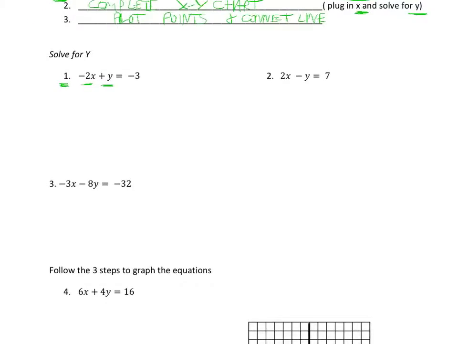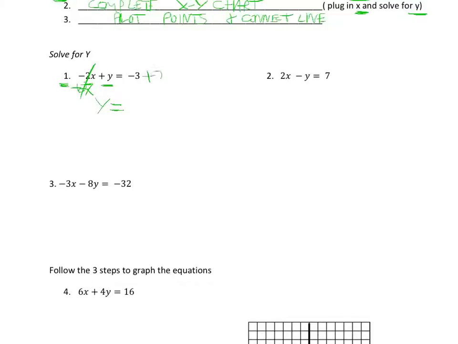Let's see here. Okay, let's do 1. Now, I look at where the y is. Here is the y. Now, what I want to do is I want to get rid of this negative 2x. I want to bring this over to this side. Now, whenever we bring the x over, we either add or subtract it. Since there's a negative right there, that means I have to add 2x. So I'm going to add 2x. This cancels. So just like that, I have y by itself.